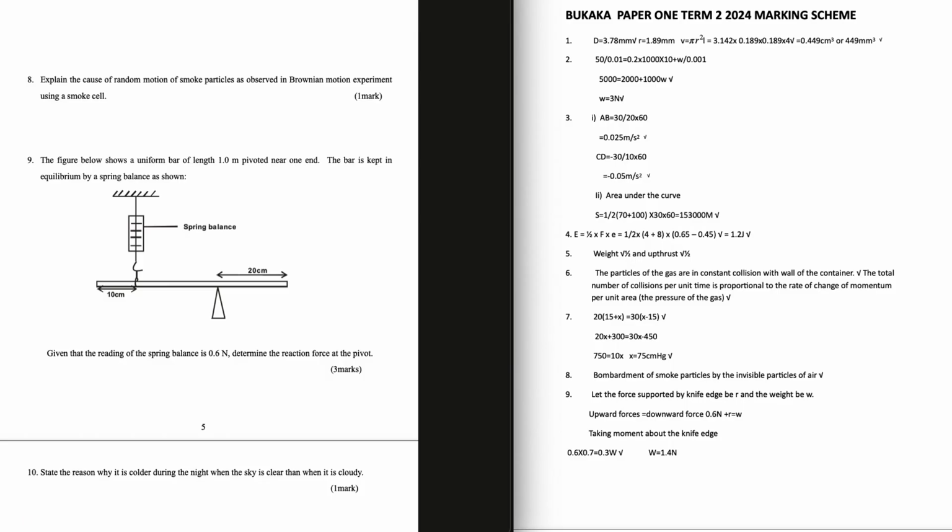Question 9. The figure below shows a uniform bar of length pivoted near one end. The bar is kept in equilibrium by a spring balance as shown. Given the reading of the spring balance, determine the reaction force at the pivot.